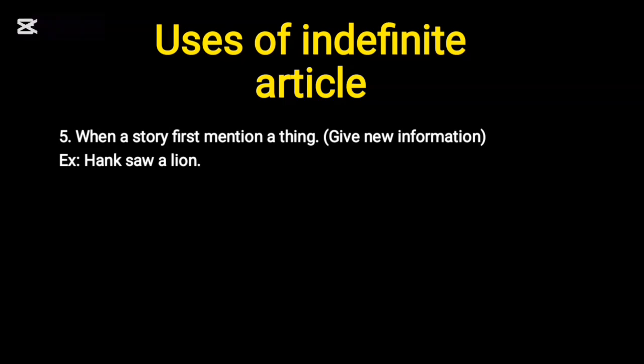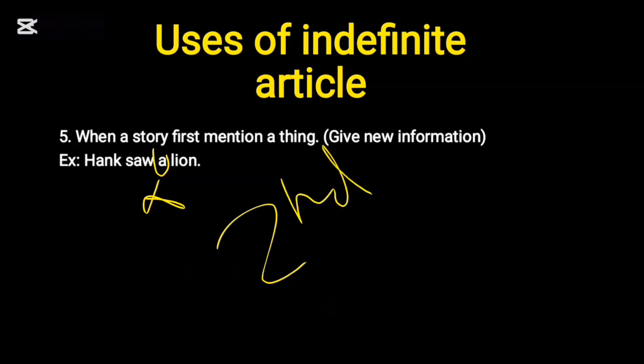Here "a" is used, and we know that the story mentioned the lion for the first time because of "a". I will ask you a question here. If the story mentions something for the second time, then what do we use? Do we use the indefinite article or something else? If you know, comment it. It is a challenge for you.